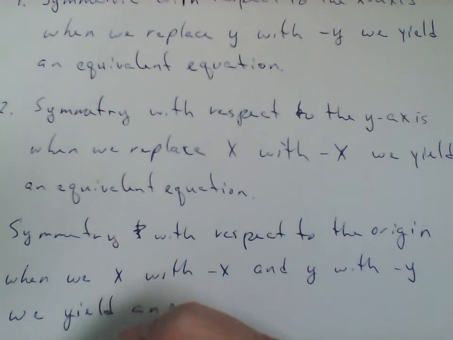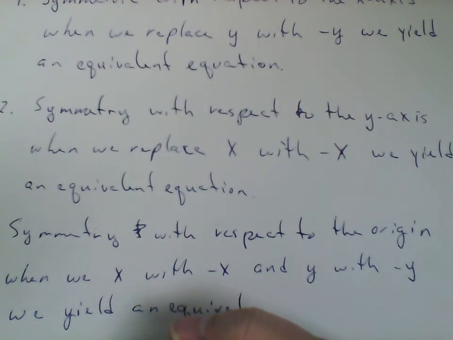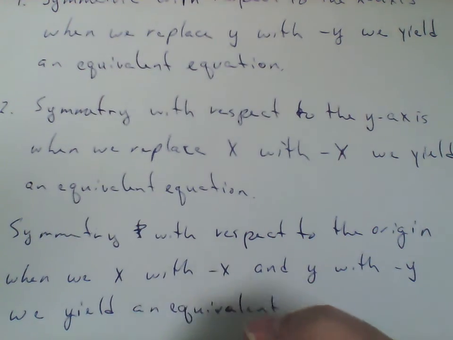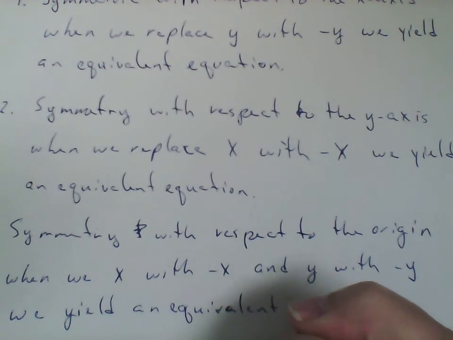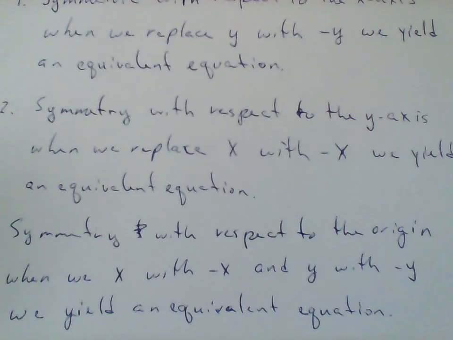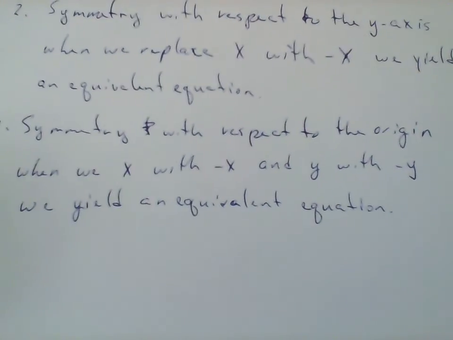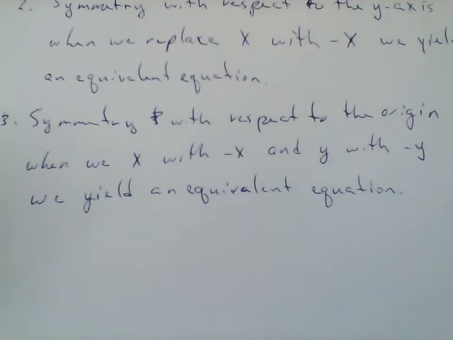Can't spell, I'm a math teacher. Equivalent equation. All right, so it's the same thing. It's just really another way of stating it, right? We're stating it more numerically instead of stating it using graphs, looking for points on graphs, right?